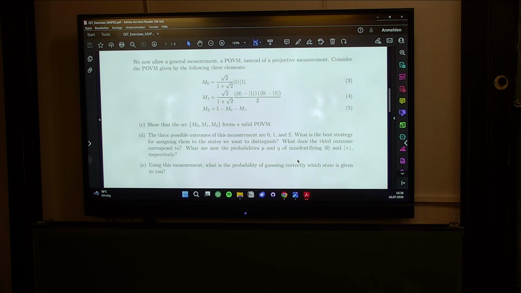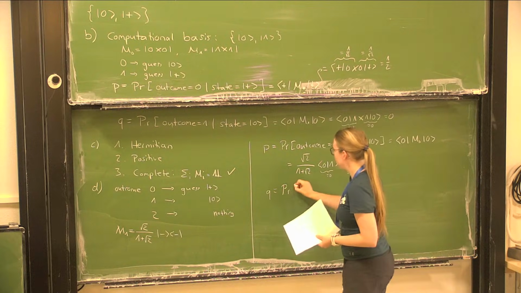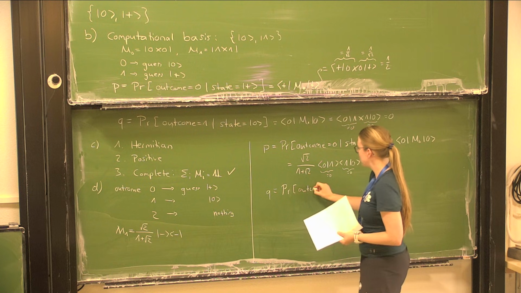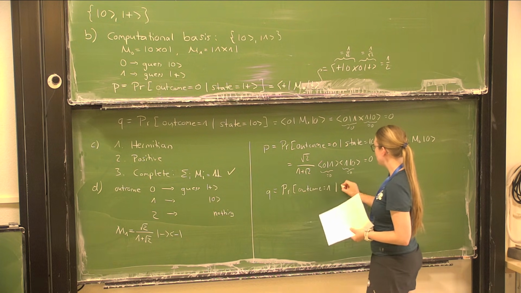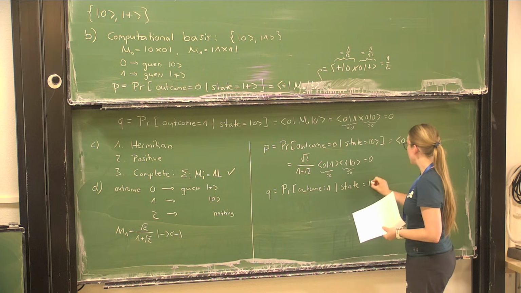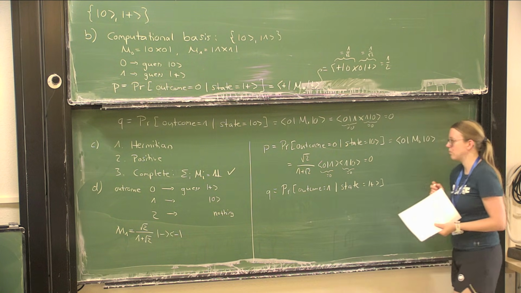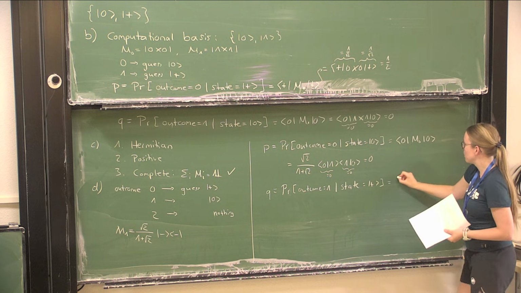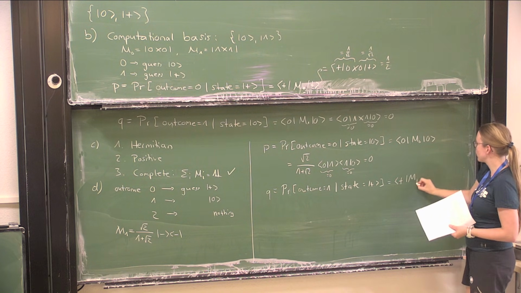Now we need to check what happened to the other error. This is the probability that the outcome is 1, but the state is plus. It's the same strategy, calculating.